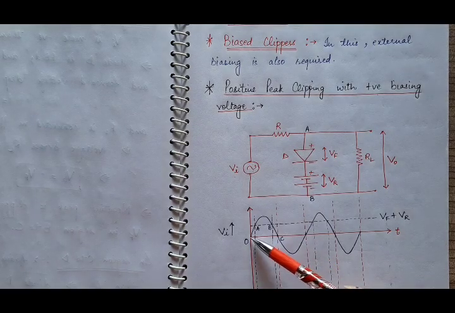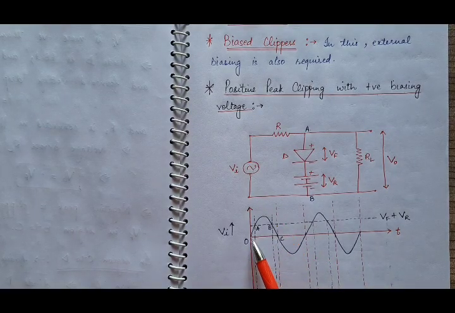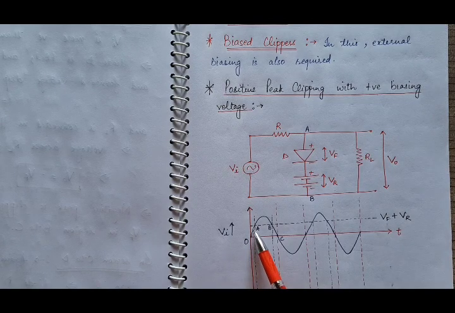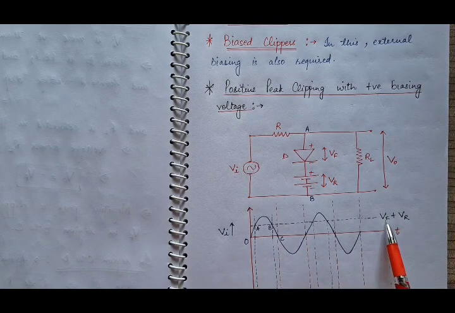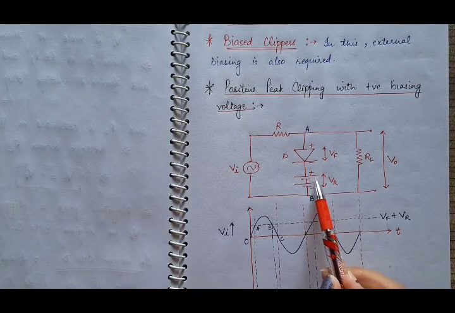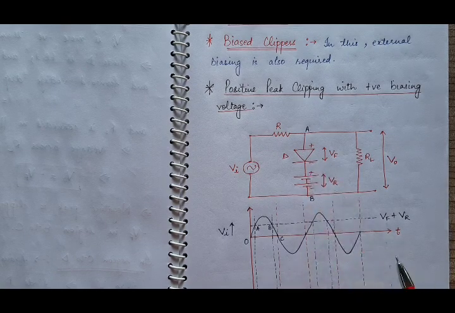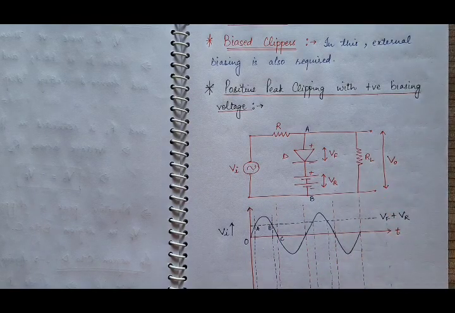So in this region OA, you can clearly see that our input Vi is less than the level Vf plus VR. So our diode will be reverse biased because of this VR, because the positive of VR is connected to the negative of the diode, and Vi is less than Vf plus VR.